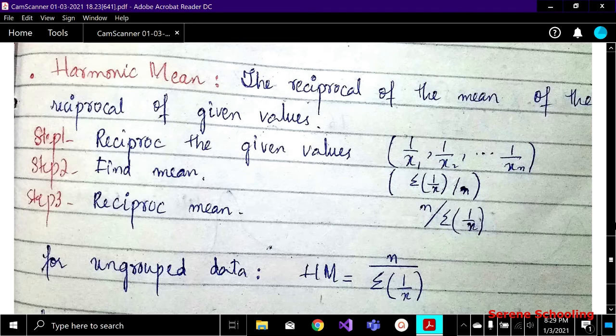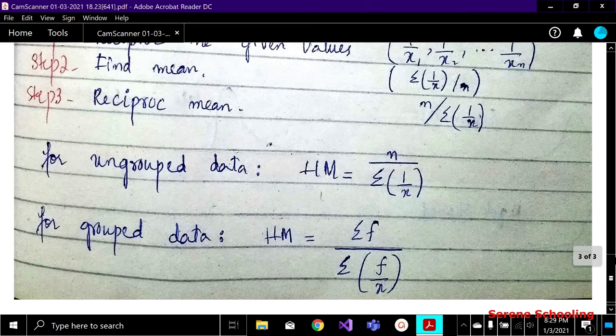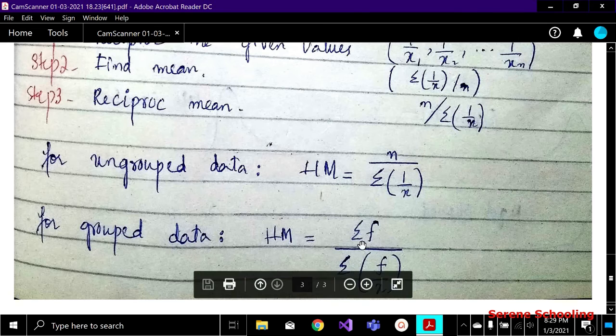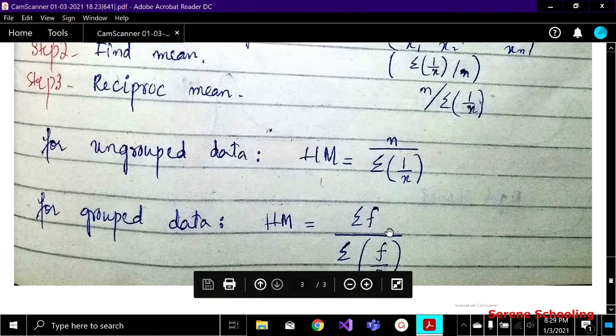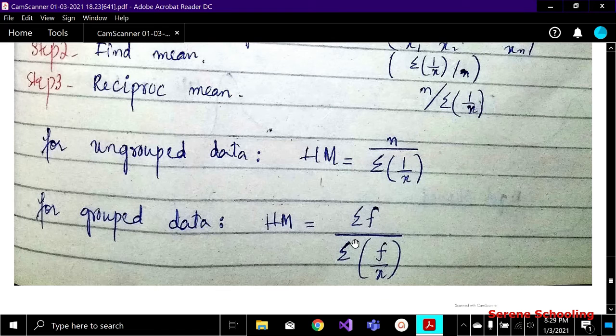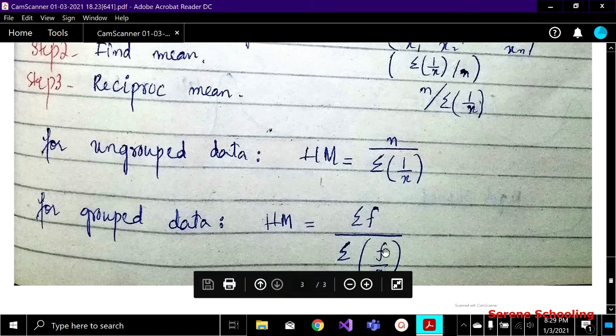That's the formula. So here you can see for grouped and ungrouped data the formula is the same, but as usual for grouped data we will introduce frequency, right? This sigma f or n, they both mean the same, but here I am doing sigma f by x, not simply 1 by x but f by x.